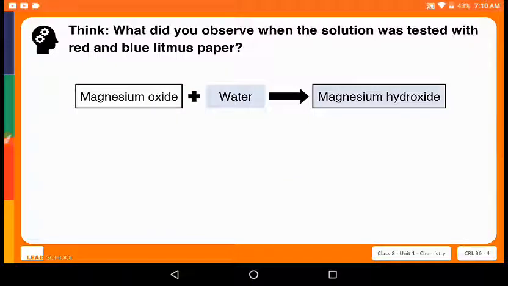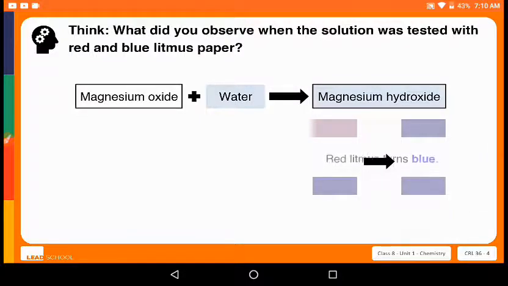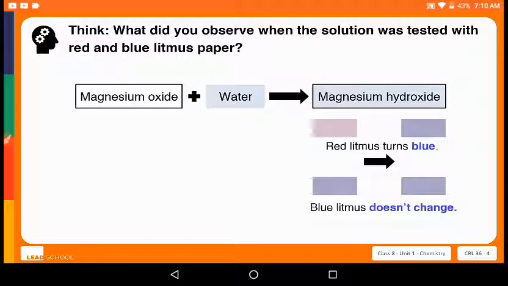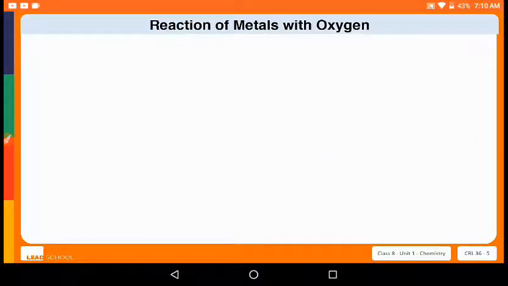What did you observe when this solution was tested with red and blue litmus paper? We observed that red litmus paper turned blue and blue litmus paper remained unchanged. This shows that magnesium hydroxide is basic in nature. Let us see an example of another metal.